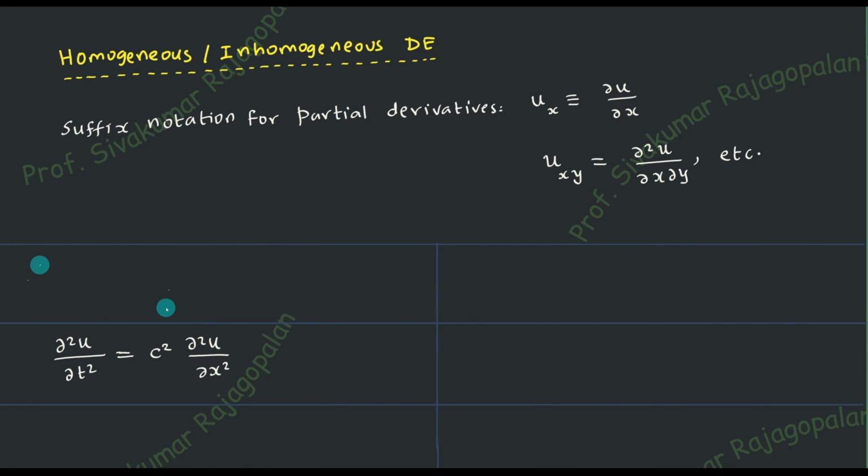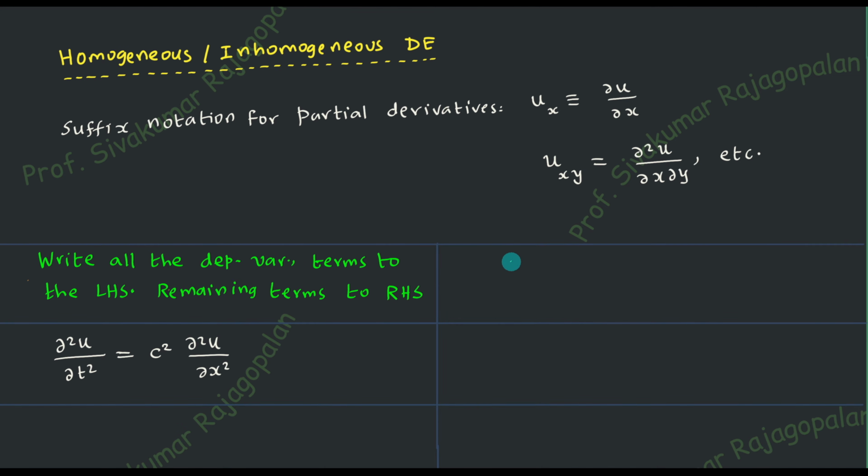So I would like to therefore write down what I am explaining. Collect all the terms containing the dependent variable and put them on the left hand side. Whatever remains, you put it on the right hand side. That's all. If the right hand side is equal to 0, then the differential equation is homogeneous. Otherwise, it is inhomogeneous.